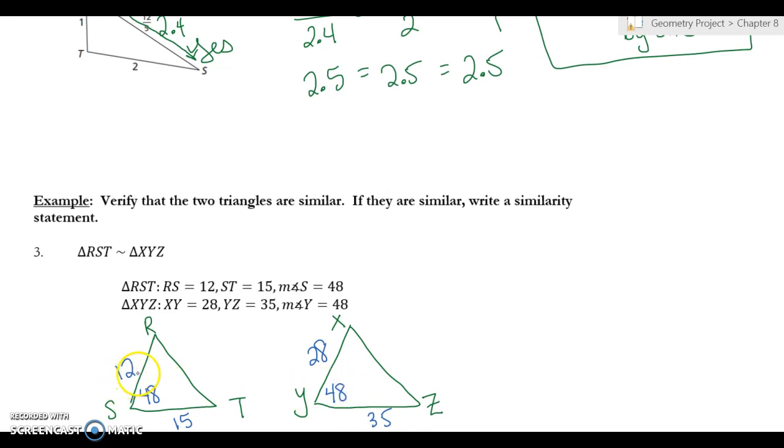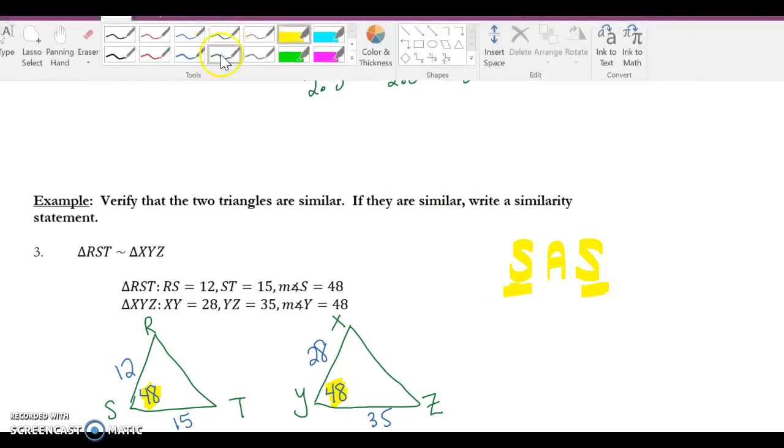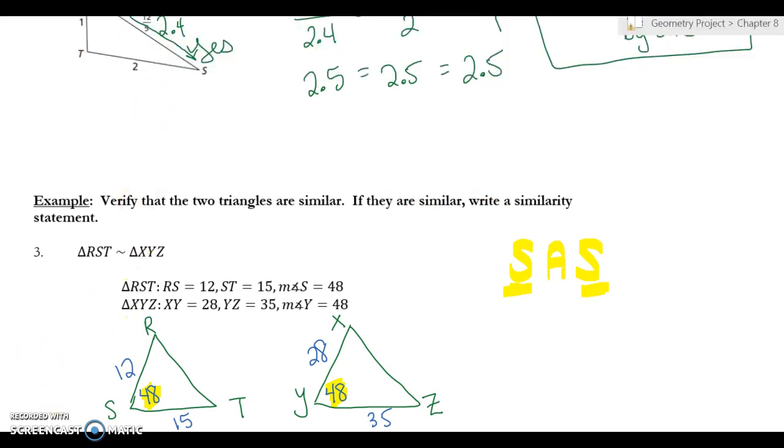Now, if you look, it looks like it's going to be side, angle, side. Well, the angles right here, 48 and 48, those are equal. So I do have the A. But we need to check and see if we actually have those sides. So to check that, I'm going to do my proportion. So I'm going to do 12 over 28 because they're in the same spot. And then 15 over 35.